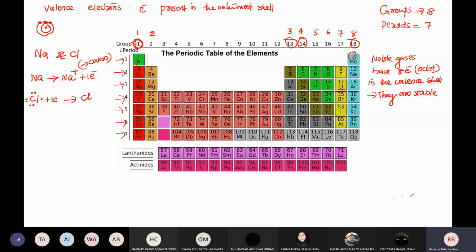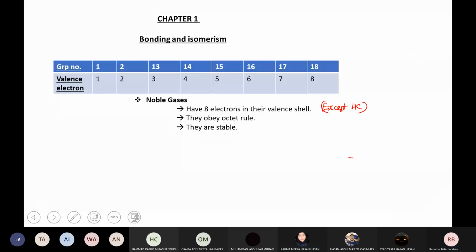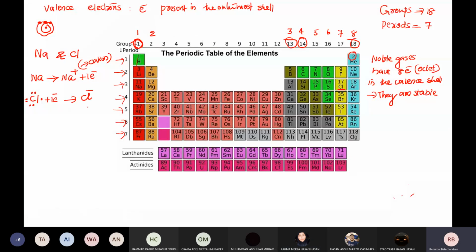So when it gets 1 electron, it becomes Cl minus, because an electron has a negative charge. Cl minus, the negatively charged ion, has a specific name. What is it? Anion. Yes, anion. So one is a cation, the other is an anion.